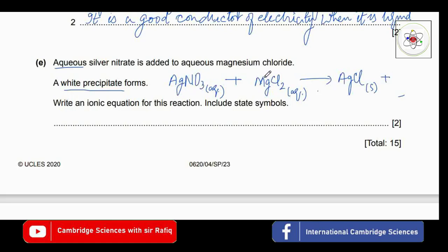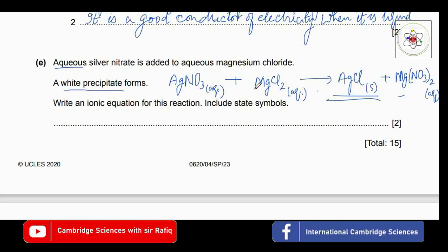And the cation of magnesium chloride combines with nitrate to form magnesium nitrate, and all nitrate salts are soluble, so we will write aqueous. This reaction is called a precipitation reaction, in which two soluble salts combine to form two new salts, one of them an insoluble salt, and this insoluble salt appears as a white precipitate.